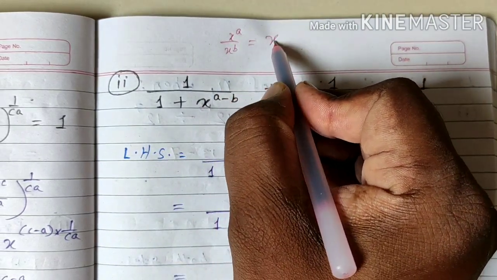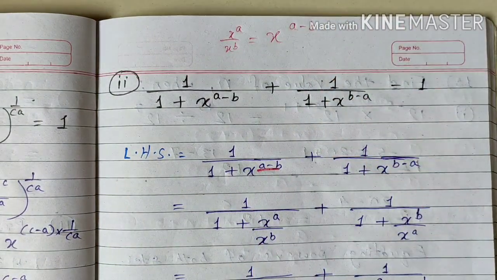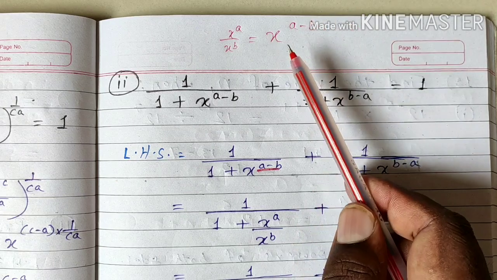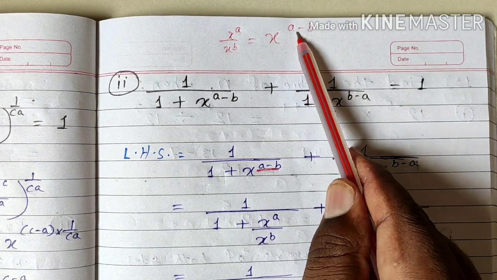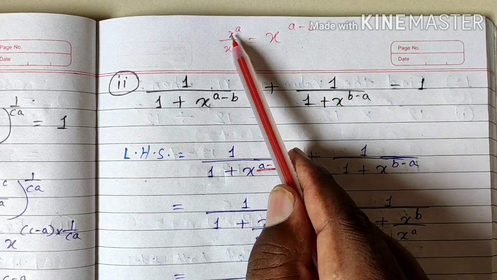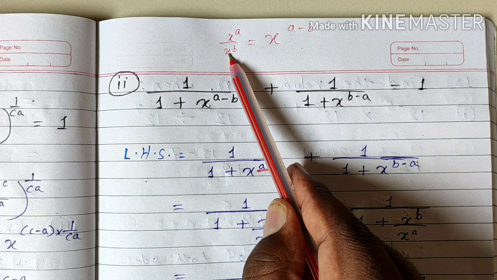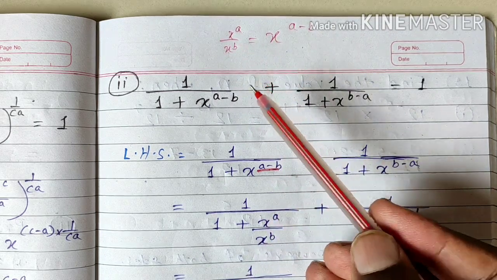So x raised to a minus b is also equal to x raised to a upon x raised to b. Understood this thing? The same thing we have done here.